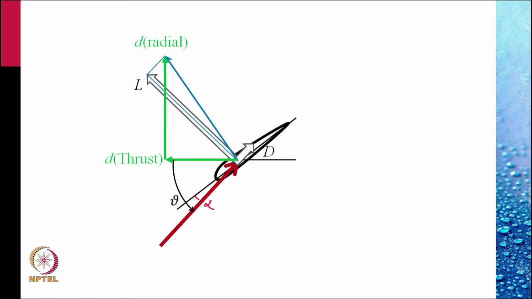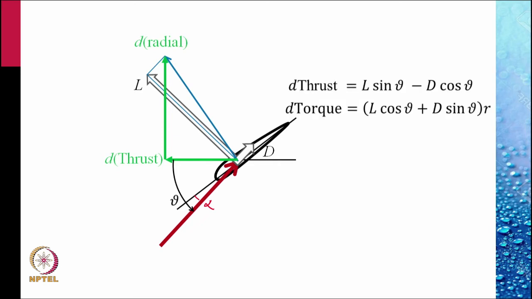The radial component will produce a torque that will need to be overcome by the engine that is revolving the propeller. The contribution to thrust, from this figure, we can see is L sine theta minus D cosine theta, while the contribution to torque would be the radial element of the force, which is L cosine theta plus D sine theta, multiplied by the radius r at this location.